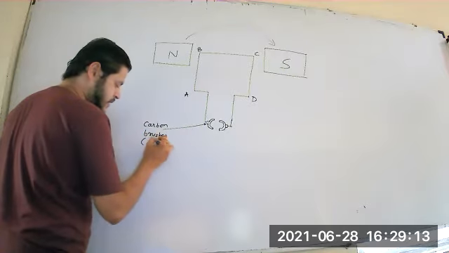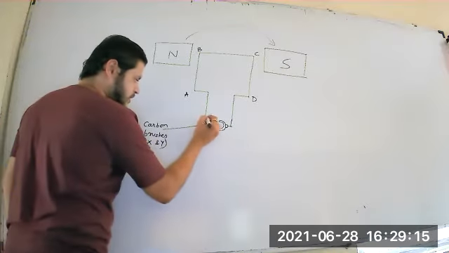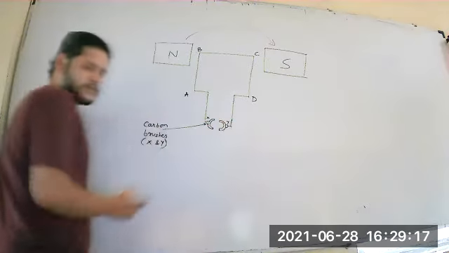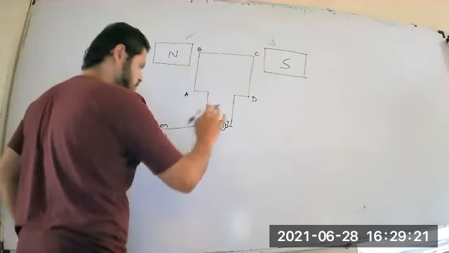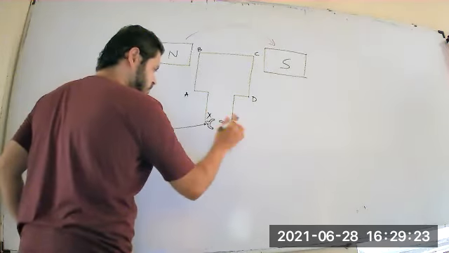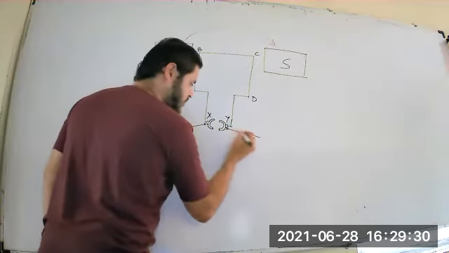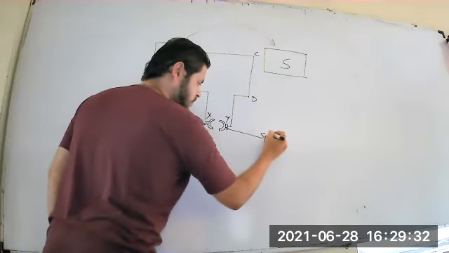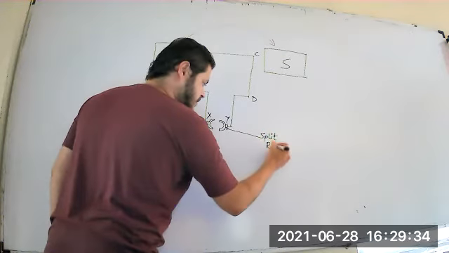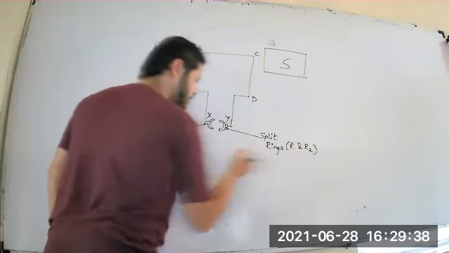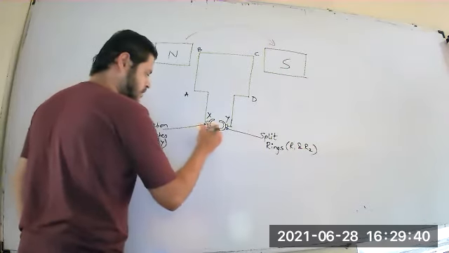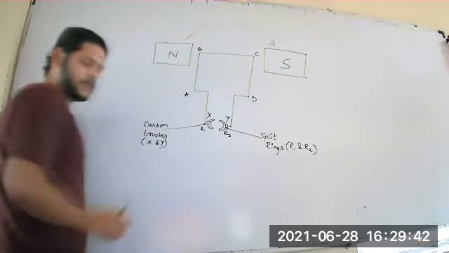Let us label them X and Y. So this one is X, this one is Y. Okay, so X and Y. Now these are our split rings R1 and R2. So this is R1, this is R2.